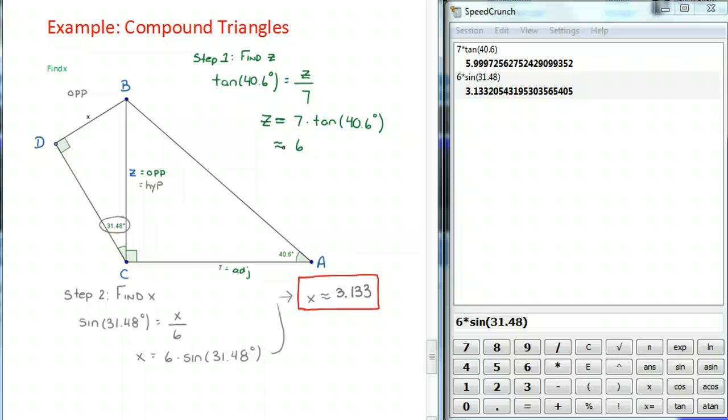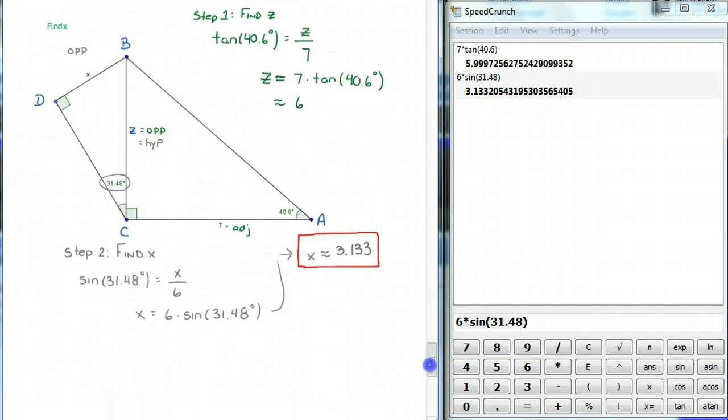Now one last little point with this problem. One thing you could try here just to practice your calculator work is, let's change my color again to a color I haven't used. Let's do pink. You see here how we have Z is equal to this?